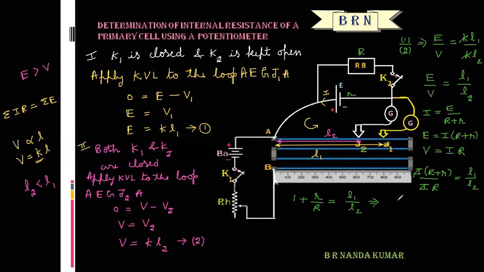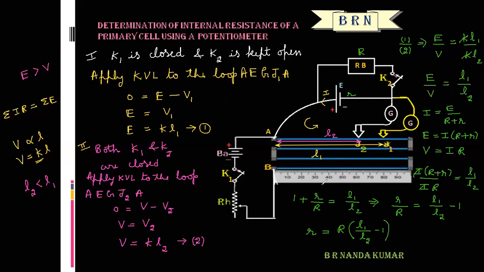So small r divided by capital R is equal to L1 divided by L2 minus 1. So finally we get the expression for the internal resistance of a cell: small r is equal to capital R into L1 divided by L2 minus 1.